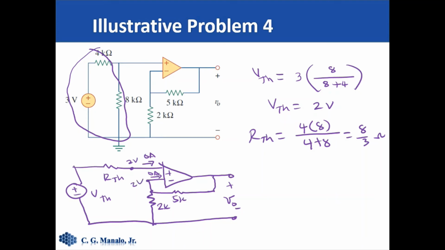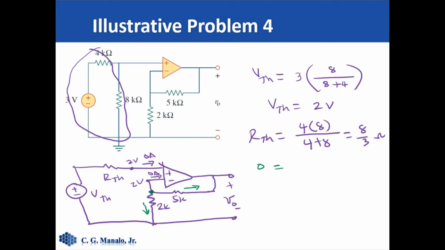We can write KCL here. So current entering. So let's say this is the current direction here. Here, this is the current direction. No current entering, so that means 0. There's no current entering. Only current leaving.